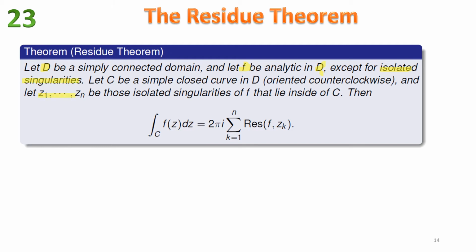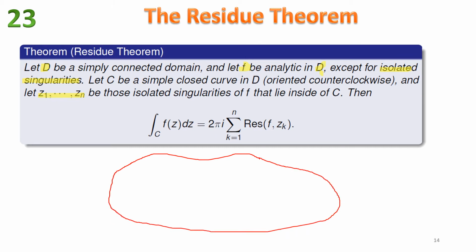These points we are defining as z1, z2, z3, and so on. So here we are talking about some region D which is a simply connected domain, and we consider function f to be analytic in this domain except for the isolated singularities. This little cross indicates isolated singularities.